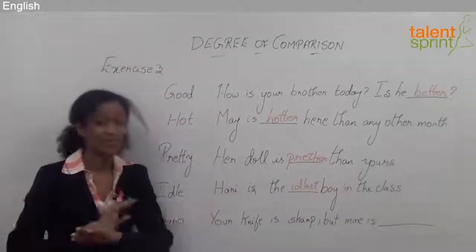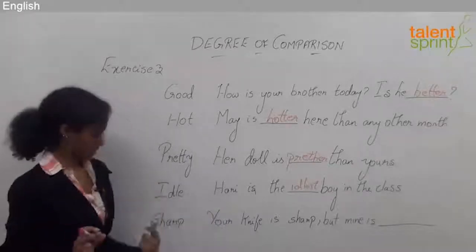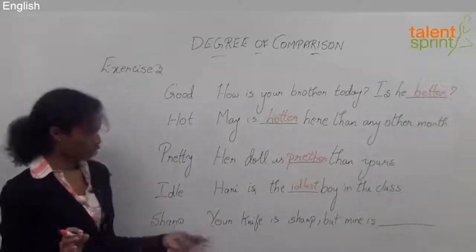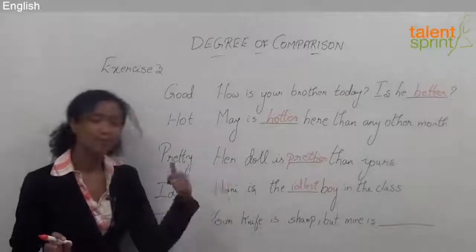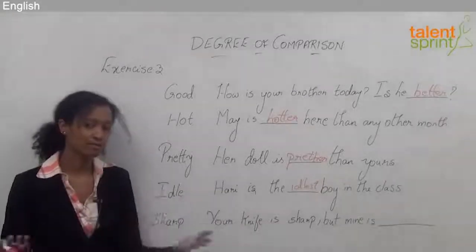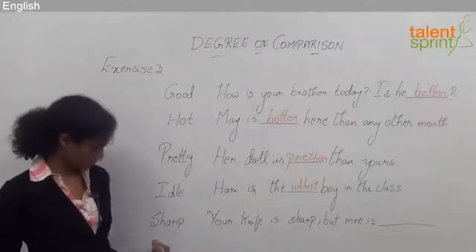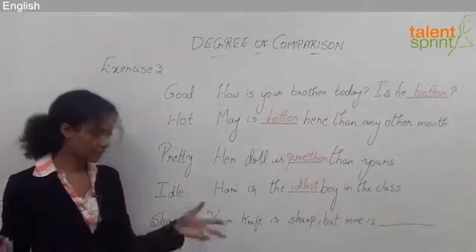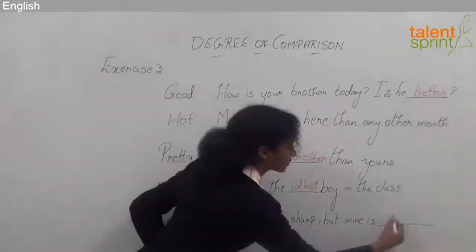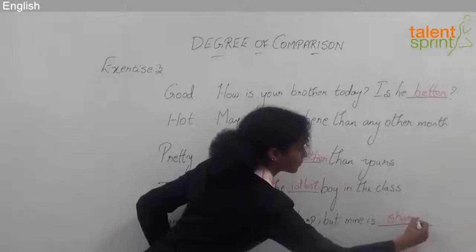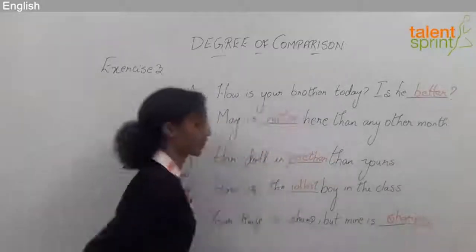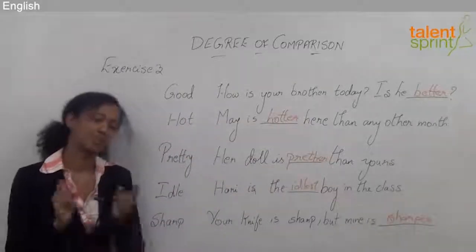Basically he never pays attention in class. Sharp. Your knife is sharp, but mine is, again comparing, comparative. Sharp, one syllable. You just add ER. Sharper. Okay, great. Let's look at one more exercise.